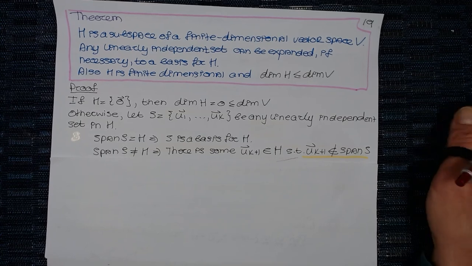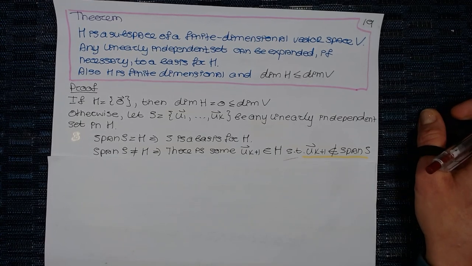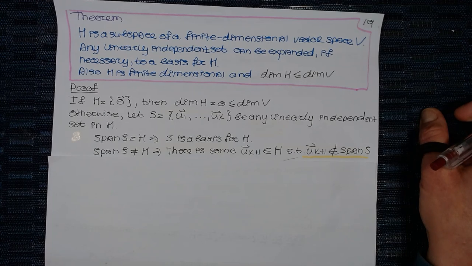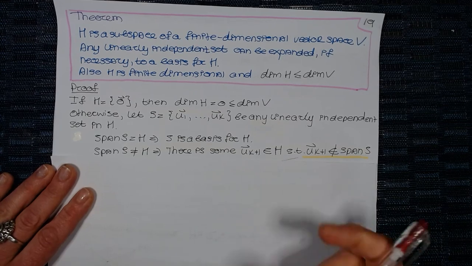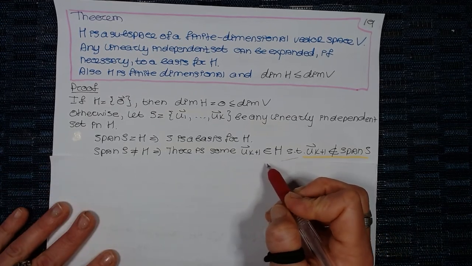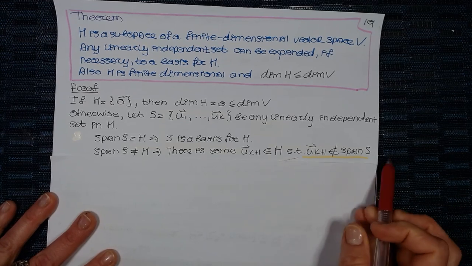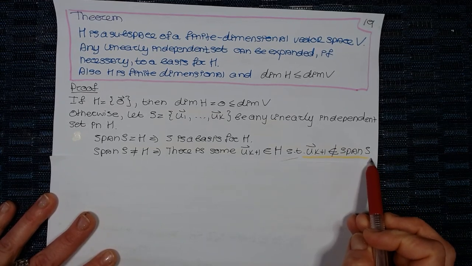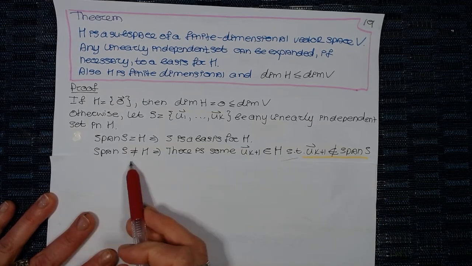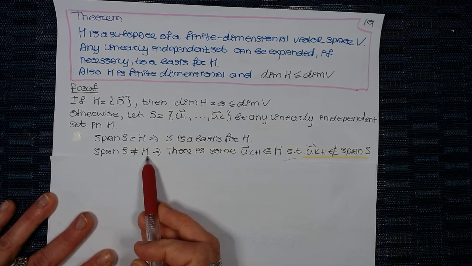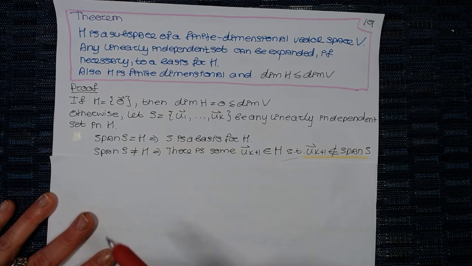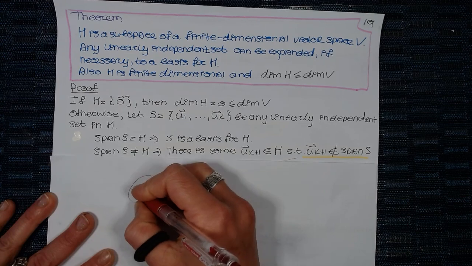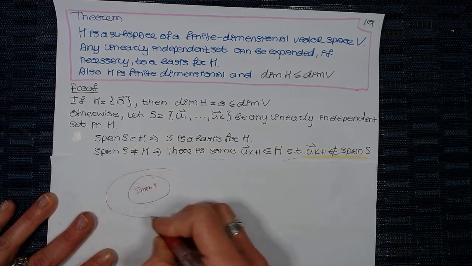But the other option is if I have linearly independent vectors u1 through uk, but the span is not equal to H. Then that means that there is some other vector uk plus 1 that belongs to H, but does not belong to the span of my set S. That follows from the fact that span of S is not equal to H. So span of S is a subset of H, but not all of H. This is my span S, and my H is just larger.